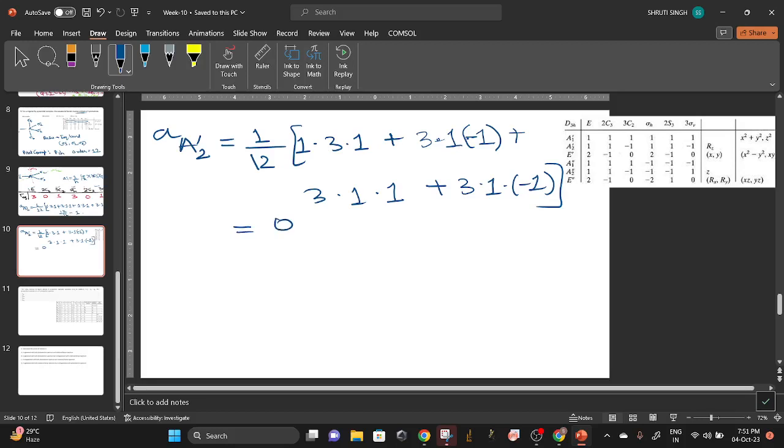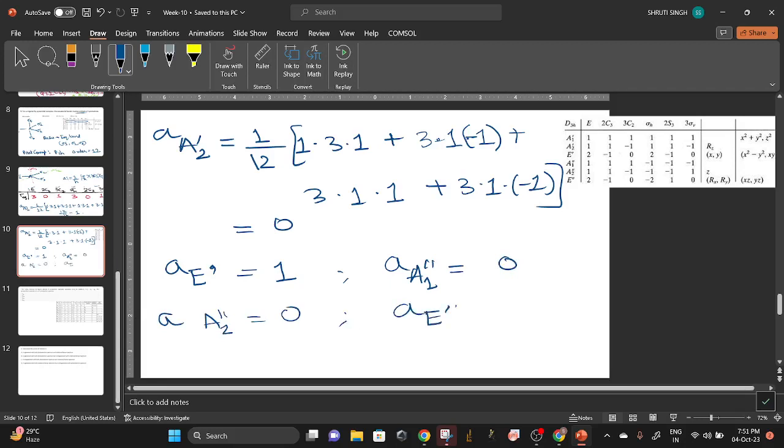Similarly, if you do the rest, we will get E dash equal to 1, and the coefficients of A1 double dash, A2 double dash and E double dash will all be 0. So we have 1 contribution each for A1 dash and E dash.